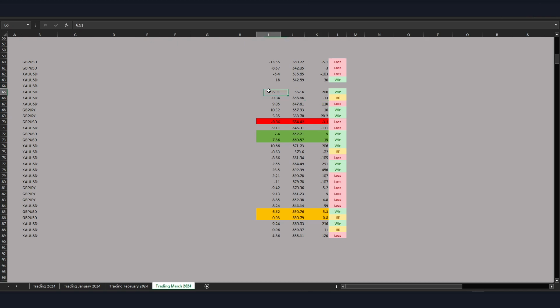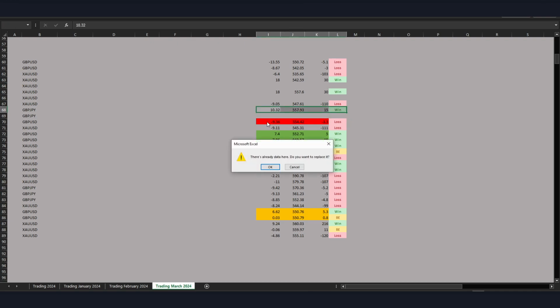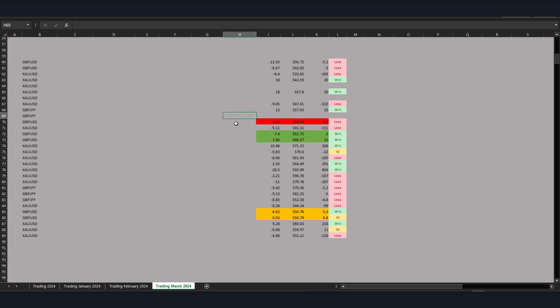This one would have been a win because we saw that it would go to 30 pips. Then we would have a lesser win because we would only have like 15 pips. This is GJ, so we would only have like a 15 pip. Which is a 15, I would say.